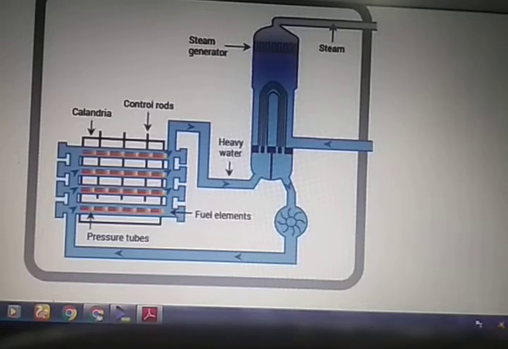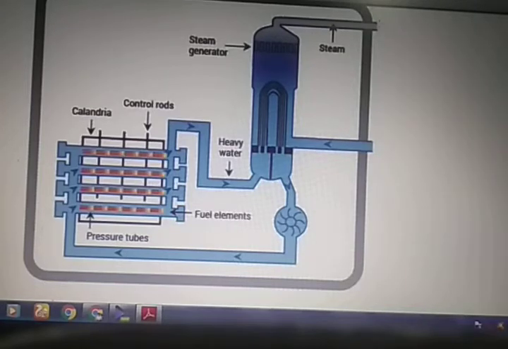This steam is used in generators to produce electricity. This superheated steam is used to run the generator, entering the generator turbines, which are operated by superheated steam.